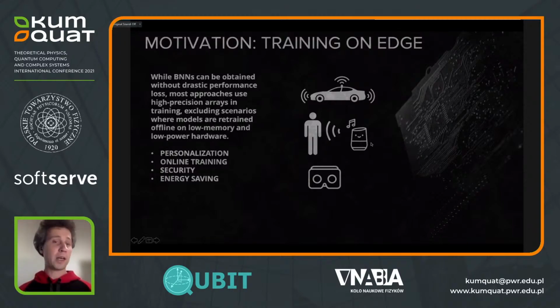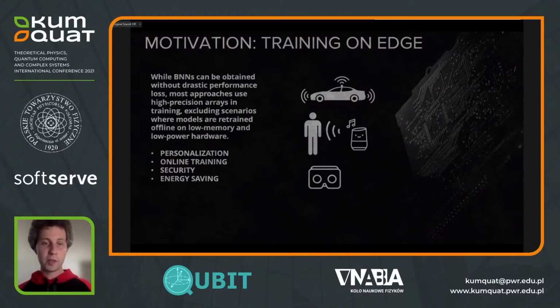Or you want augmented reality applications, which need to be optimized for speed so that computer vision applications can very fast recognize the space you are in, or various sensing applications in the automotive industry. So there are plenty of use cases, from personalization to security and various energy saving applications, where you want your machine learning models to be on the edge. And moreover, they need to be optimized for energy and memory efficiency.